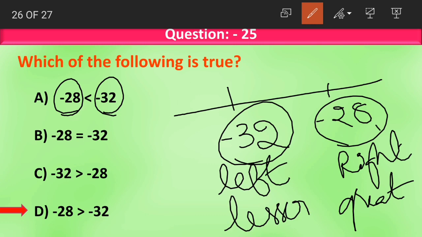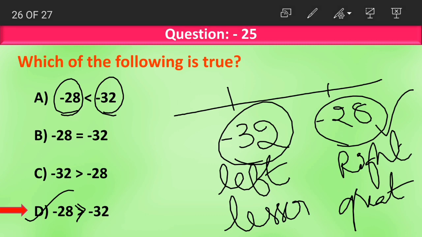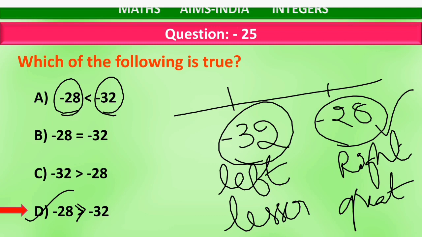Now which of the options says that -28 is greater? Option D. See, the sign is open towards -28, which means -28 is the greater number. Option D says that -28 is greater than -32. So it is the correct option.